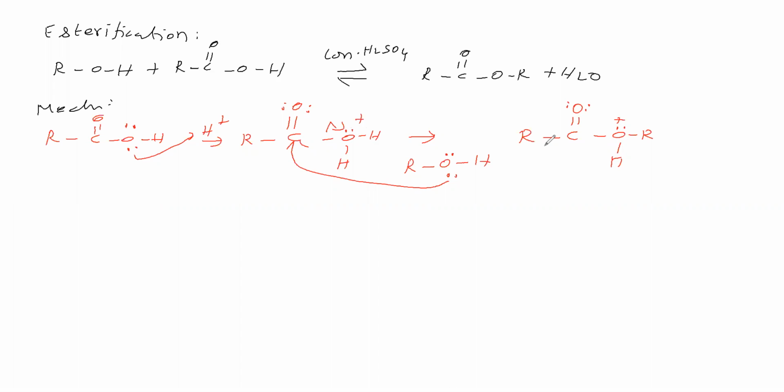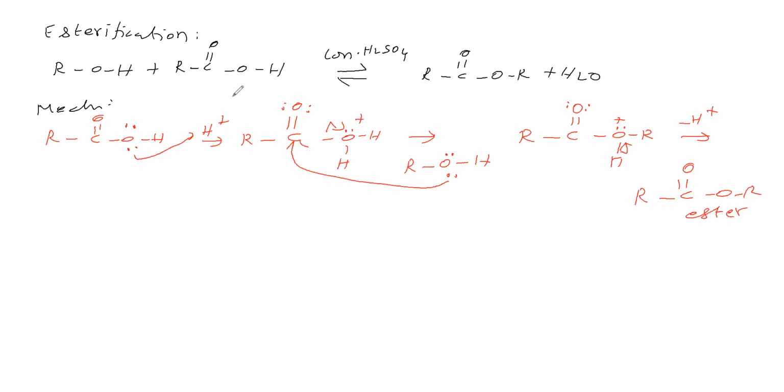So we got it like this. Then this bond is shifting like this. Therefore, H plus is leaving, and we can get ester. Therefore, it is called an esterification reaction.